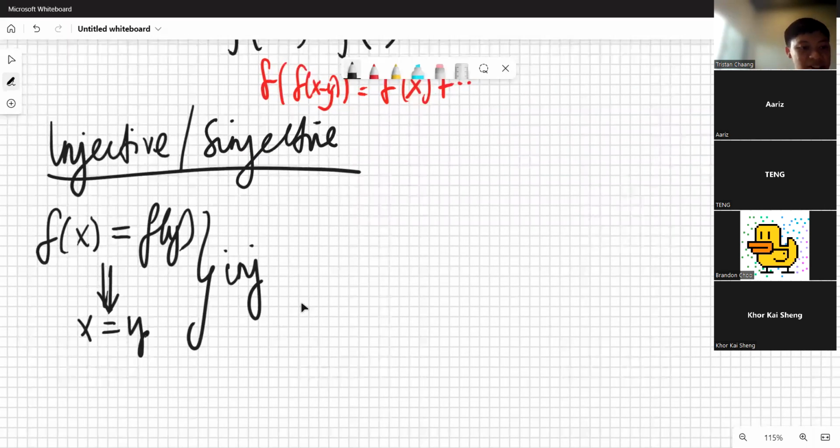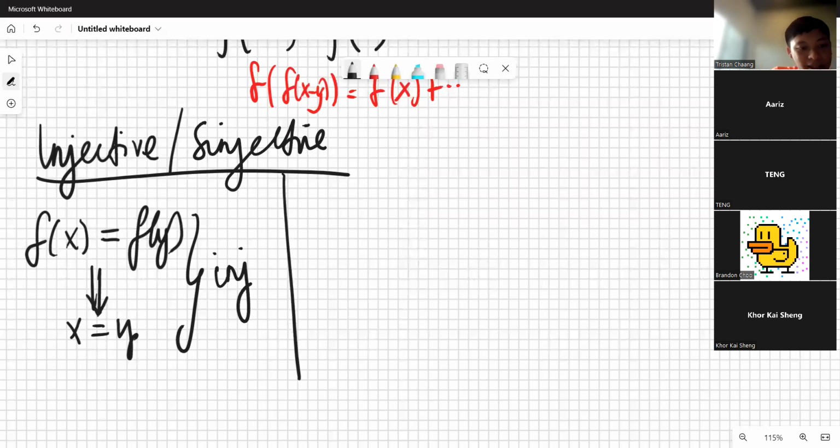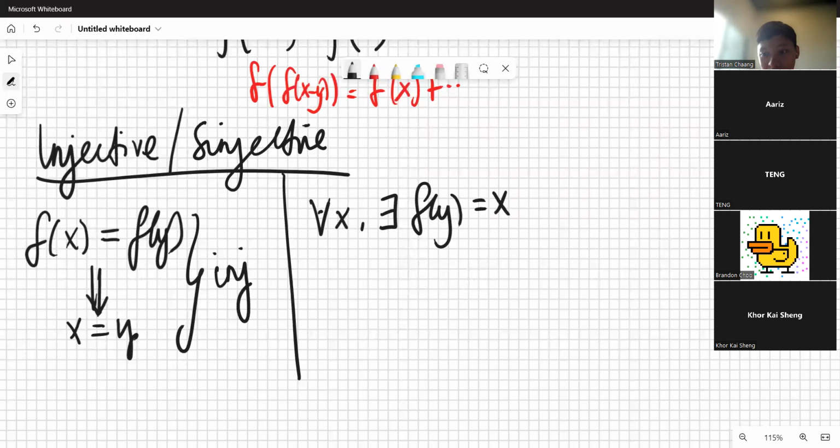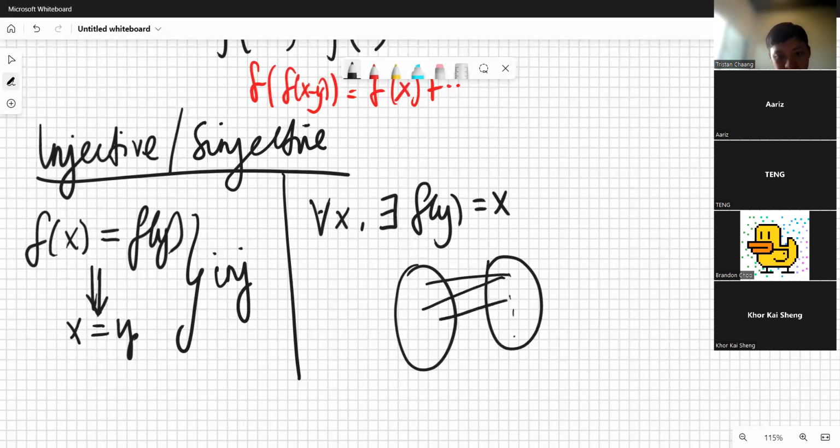And for a surjective function, it means for all y there exists x such that f(x) equals y. So every single output in the codomain has an input. So if you draw those two sets again, that means every single term here has some corresponding input.